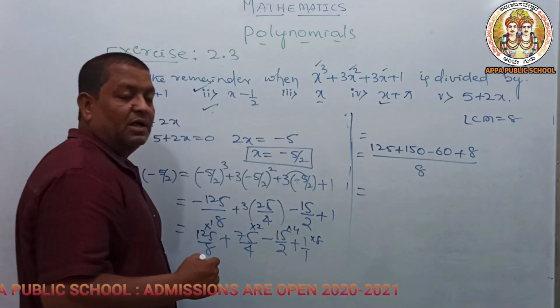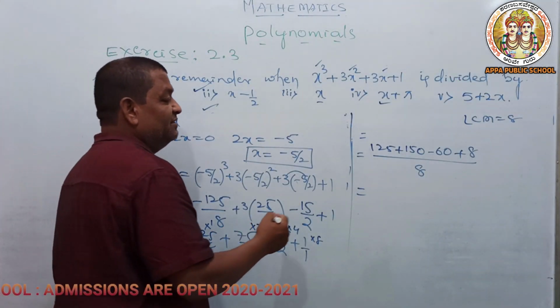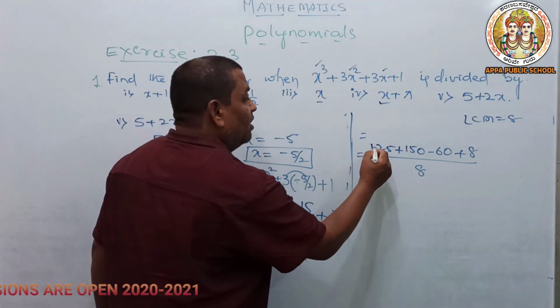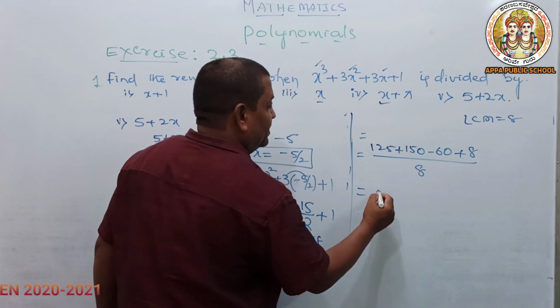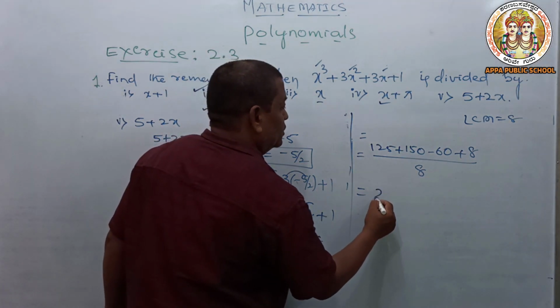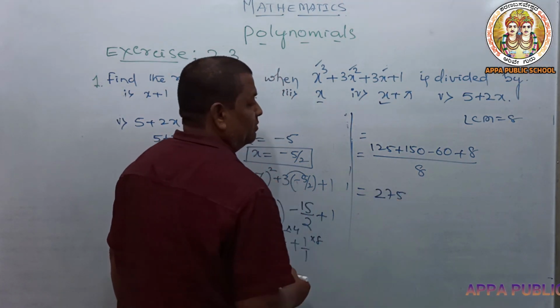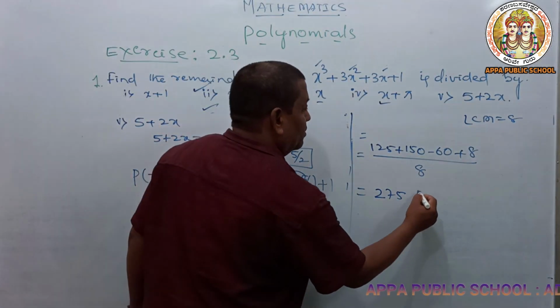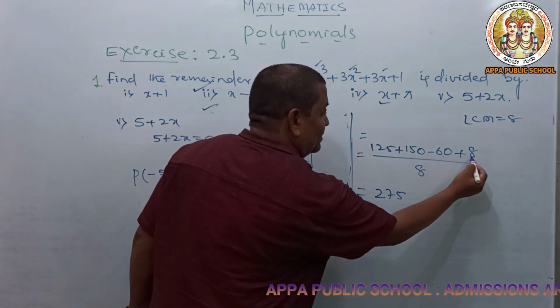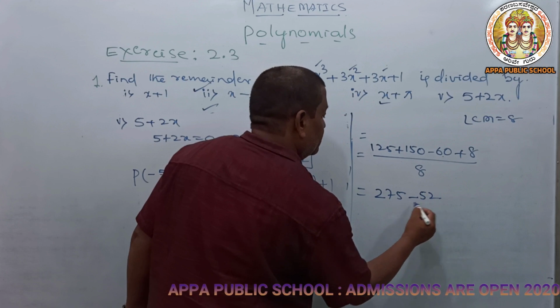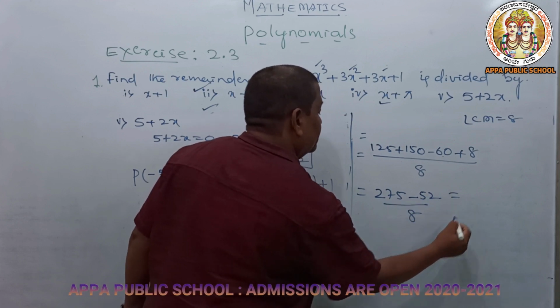So we need to simplify. 125 plus 150, that is 275. Here minus 60 plus 8, minus 52 by 8.